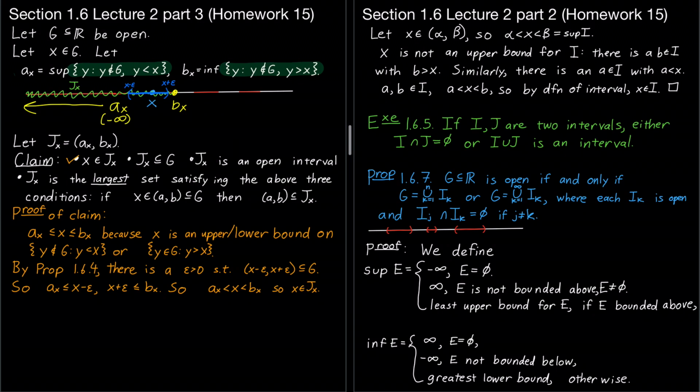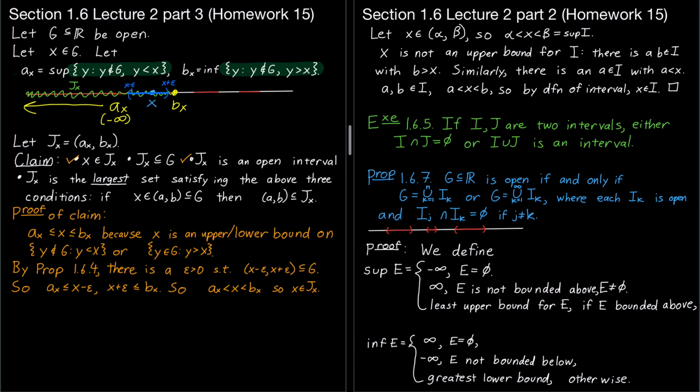And also note that a_x is strictly less than b_x as well, so J_x is an open interval. That's true by inspection. It's not an empty set either.